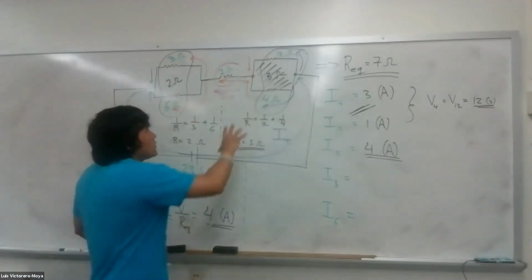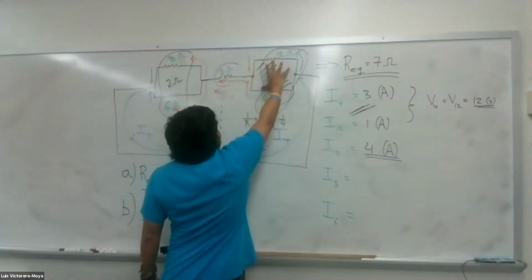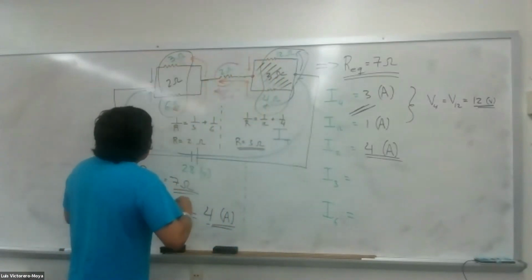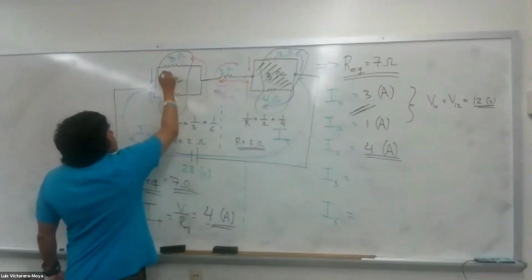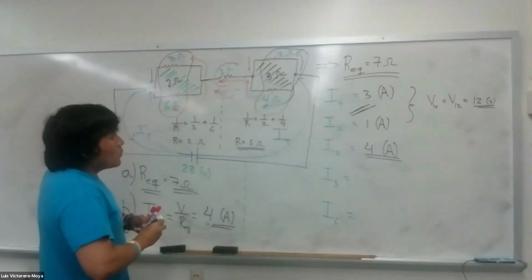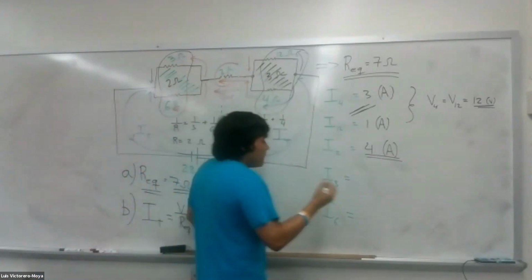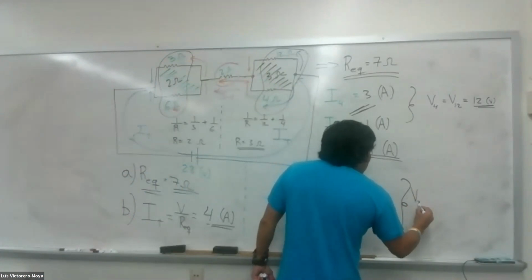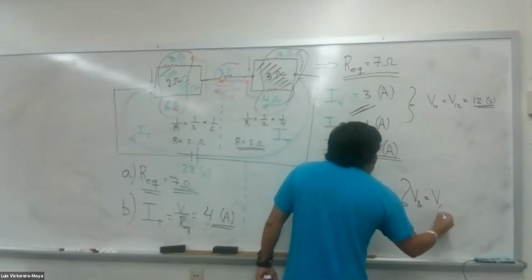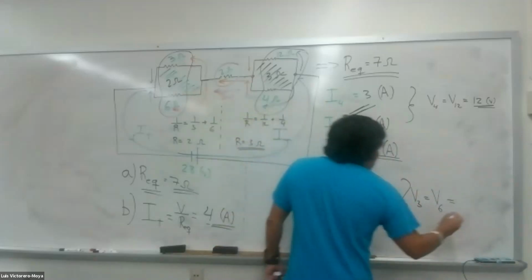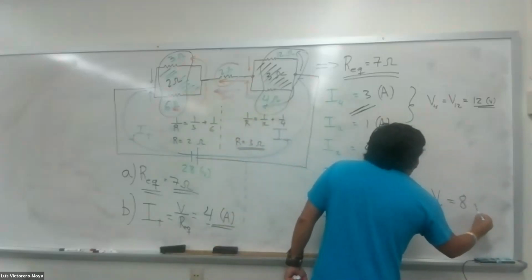So I found the voltage on the loop. The same here, on this loop. On this loop here, I want to find the voltage on that loop. 3 and 6, they also share the same voltage, which is 4 times 2, 8 volts.